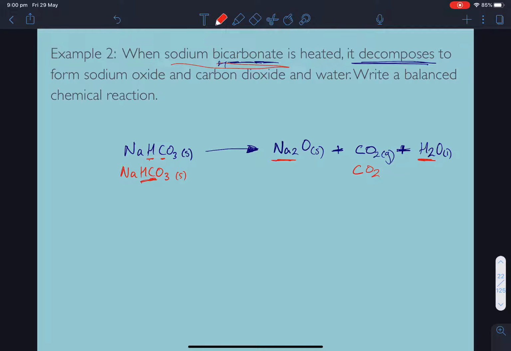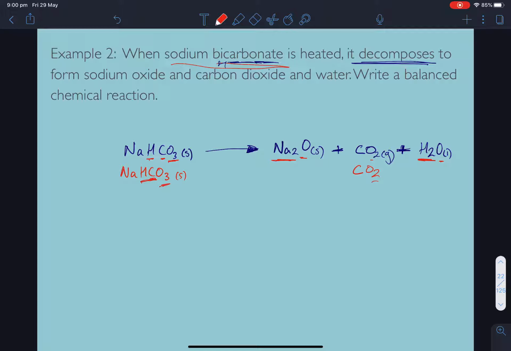Finally, I need to count my oxygens. I've got 1 in the sodium oxide, I've got 4, 2 for each carbon dioxide, and 1 in the water. So all up, that's 6. On the left-hand side, I've got 3 in each sodium bicarbonate, which also makes 6.